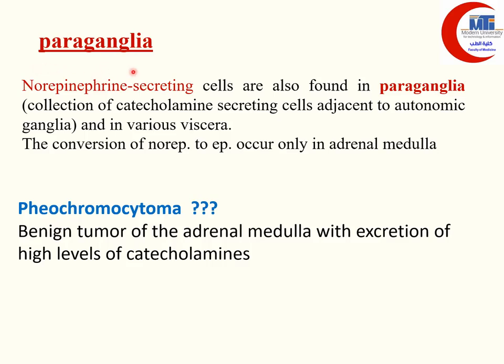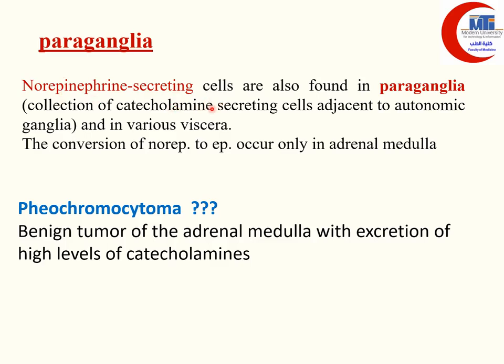Paraganglia. Paraganglia are collections of catecholamine secreting cells adjacent to the autonomic ganglia, so it's called para, as these cells are adjacent to the autonomic ganglia. The type of catecholamine secreting cells present in paraganglia are norepinephrine secreting cells.